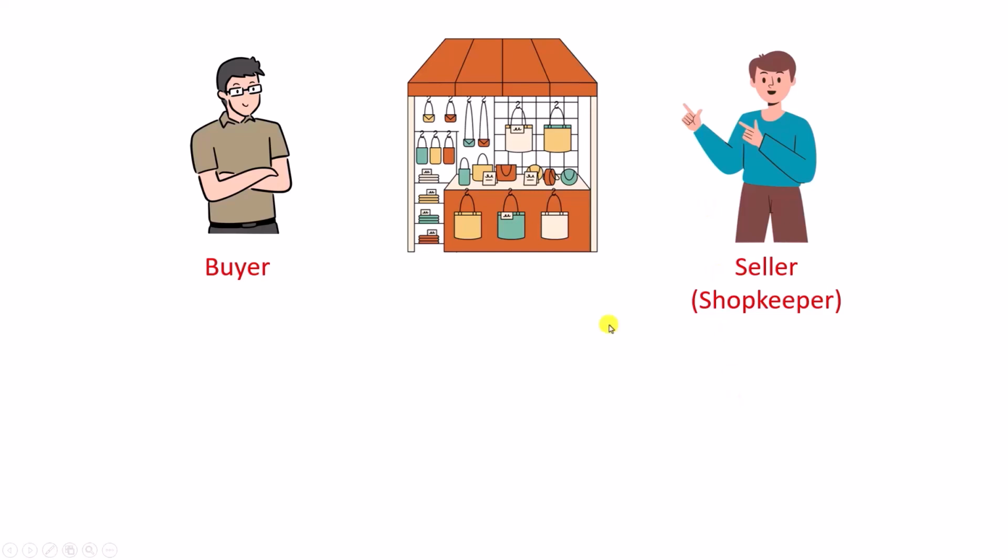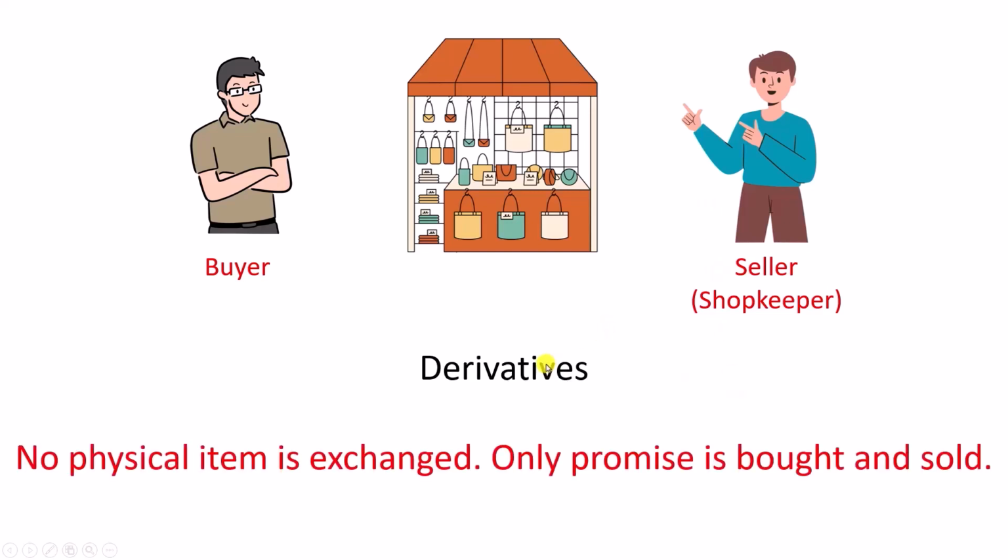But when we come to derivatives, meaning futures and options, we do not trade any physical item here. No physical item is exchanged in the transaction. Only a promise or word is bought and sold, correct?